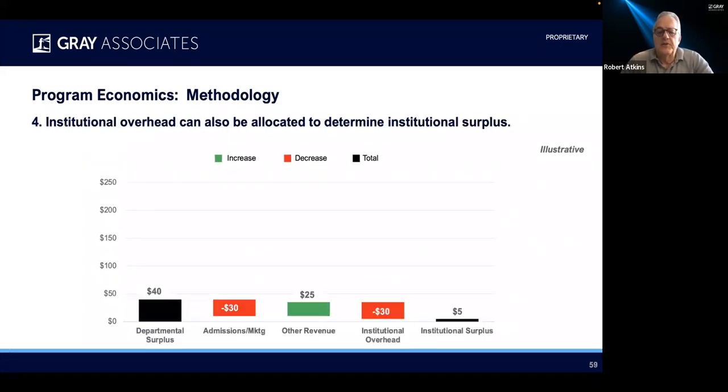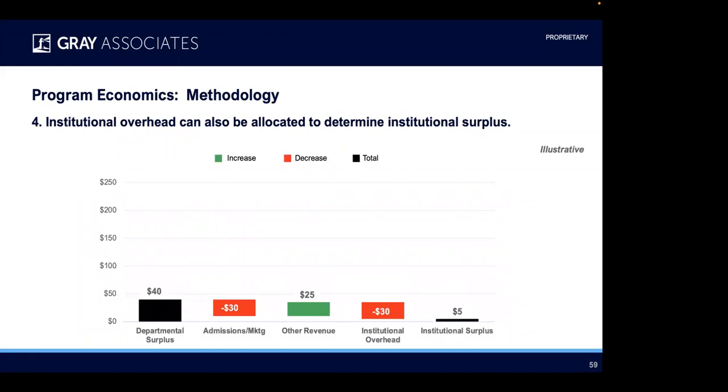So I'll give you a shorthand for doing overhead. Look at your educational cost, that direct educational expense for teaching. Compare it to your total cost for the institution. Typically, it's going to run around 33%. So for a program to be fully profitable, it's got to have 66% margin to pay for all the other stuff that has to go on in the institution, like admissions or the president's salary.